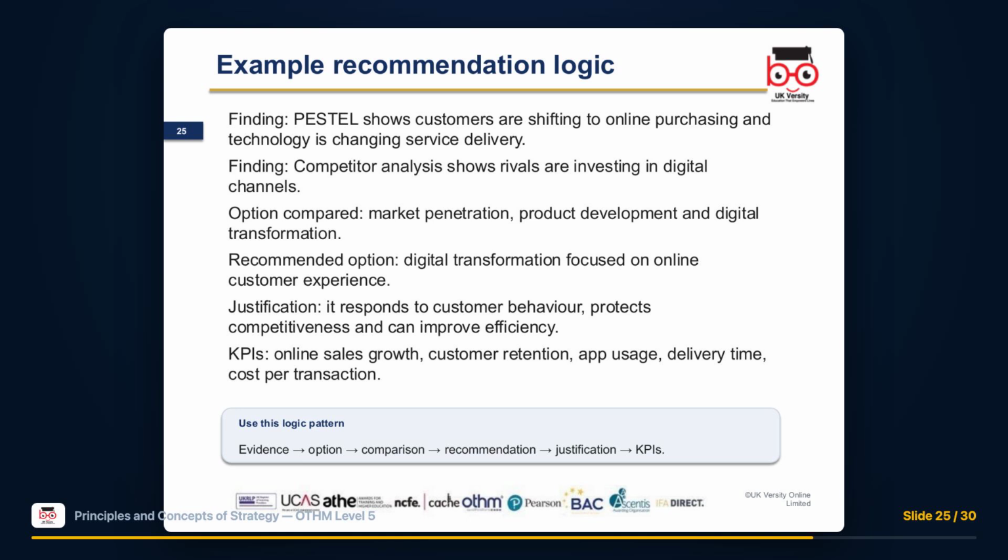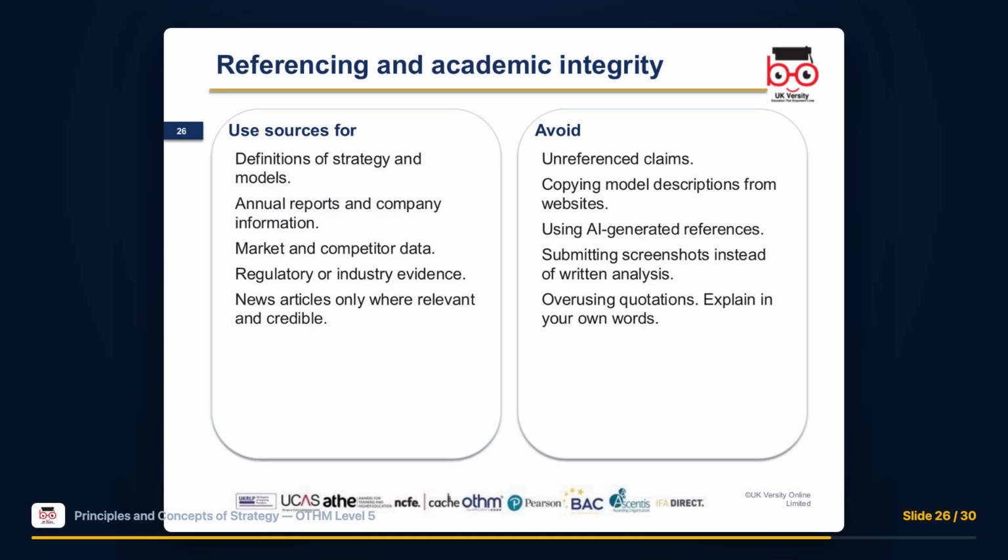The justification: it responds to customer behavior, protects competitiveness, and improves efficiency. And the KPIs: online sales growth, retention, app usage, and cost per transaction. Follow the pattern: evidence, option, comparison, recommendation, justification, and KPIs.